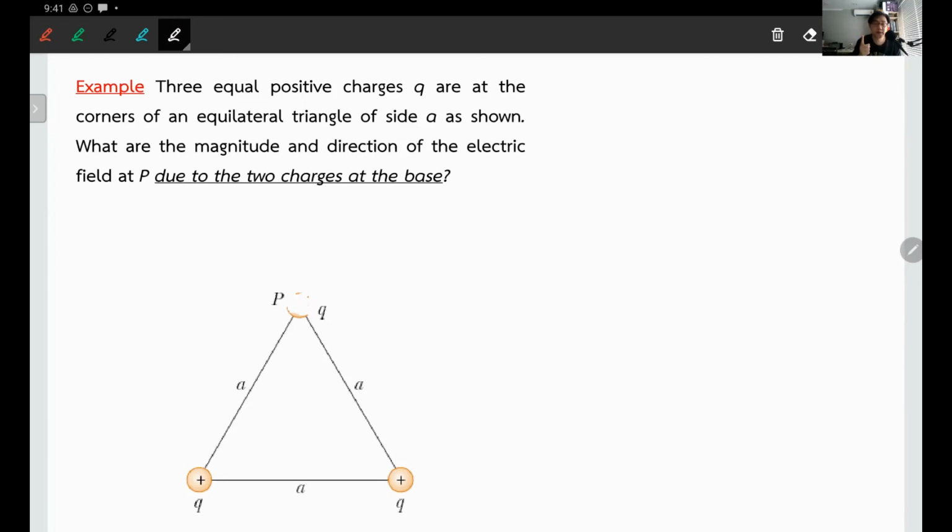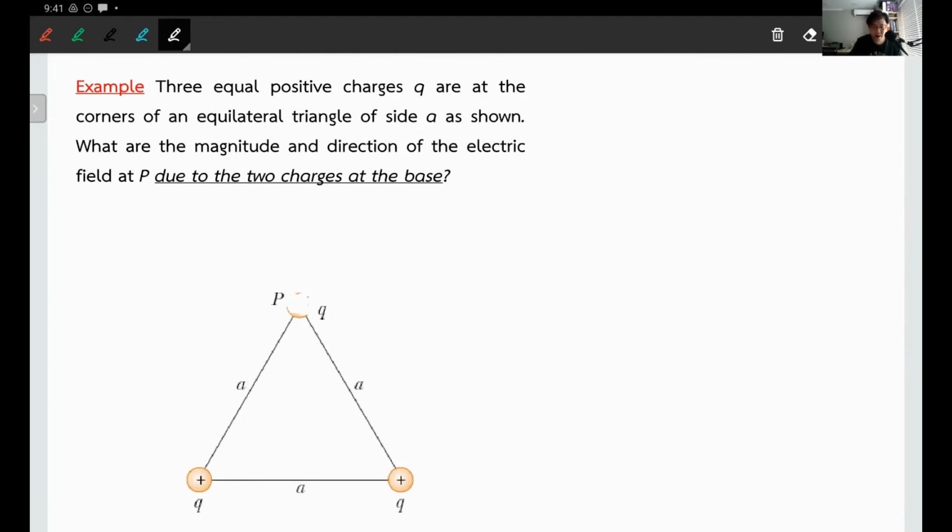Because you want to calculate the electric field at point P due to the charges at the base. So it doesn't matter whether there is a charge at point P or not. You just want to know if there is any field at point P from the other two charges. Okay, clear?